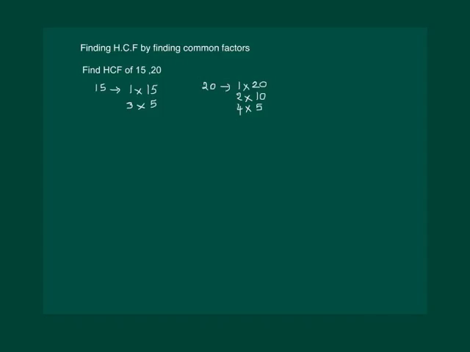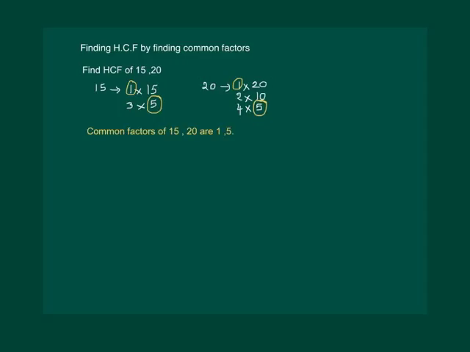That means 1, 3, 5 and 15 are the factors of 15, while 1, 2, 4, 5, 10 and 20 are the factors of 20. Now let us look at the common factors. 1 is a common factor and 5 is a common factor of 15 and 20.